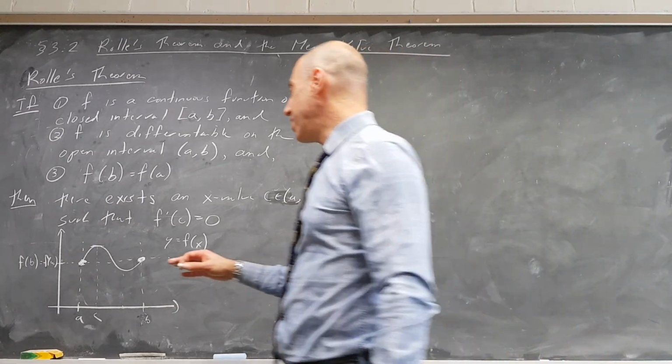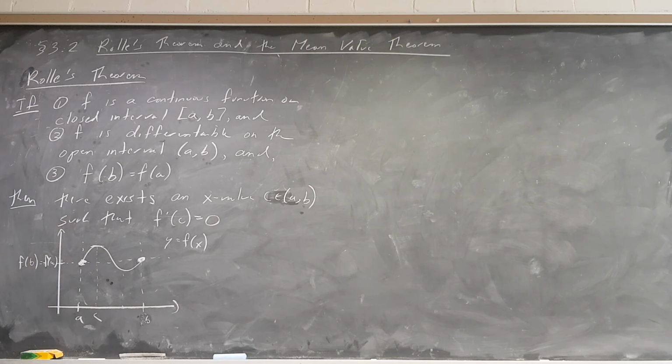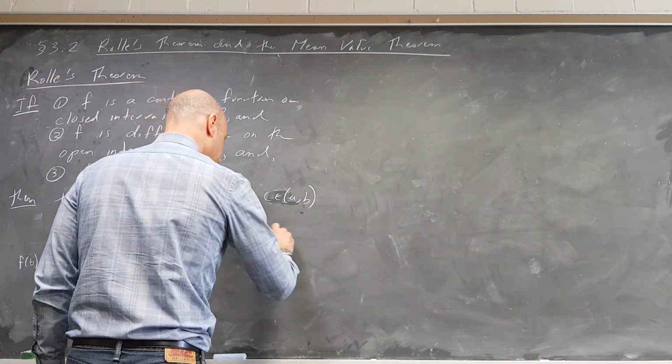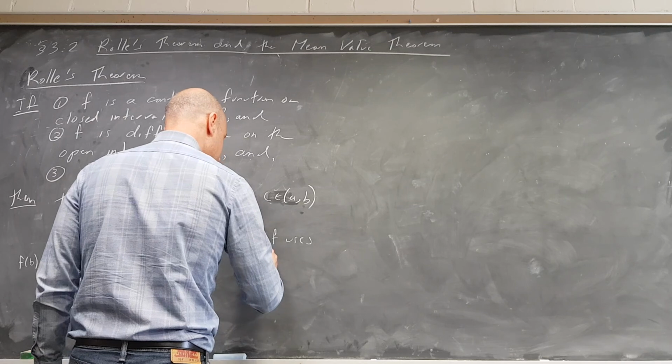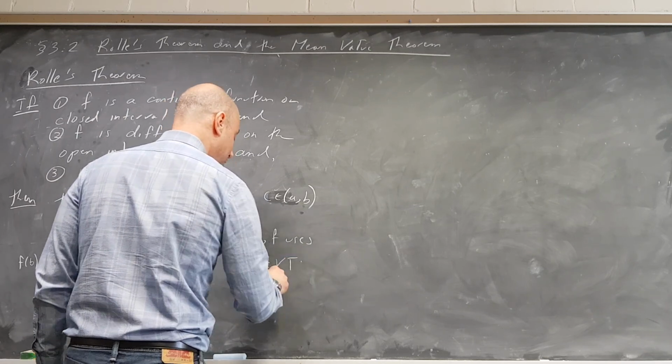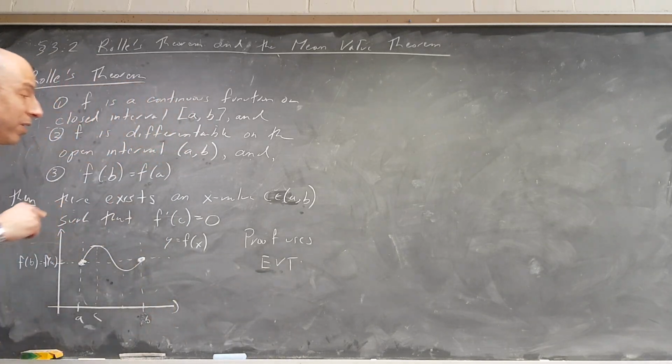The formal proof of this is in your textbook in section 3.2. I'm going to omit it today in order to keep things short, but I want you to know that the proof uses the extreme value theorem. So we use the extreme value theorem as part of the proof.